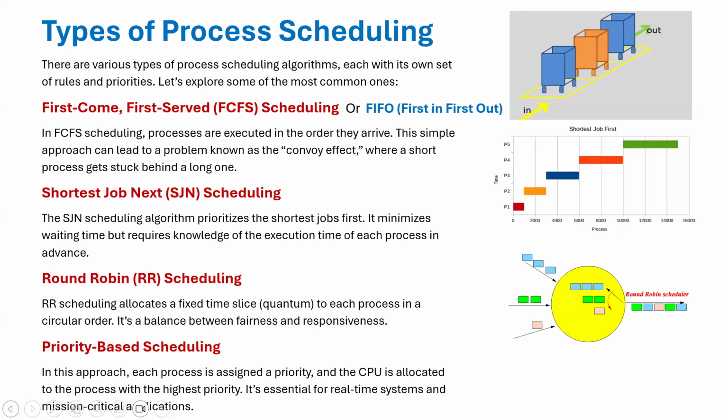Then the last one. I already mentioned in the PCB what priority this task has. Sometimes there are algorithms that use prioritizing. In this approach, each process is assigned a priority. It's not based on round robin, it's not based on shortest job next, it's not based on FIFO. It is assigned a particular priority, and the CPU is allocated to the process with the highest priority.